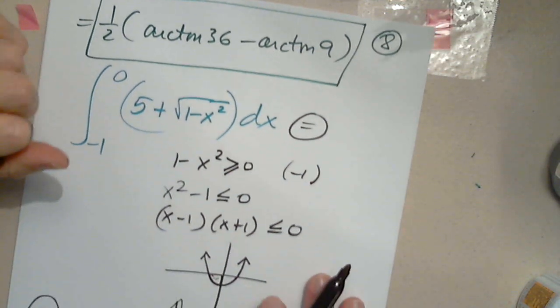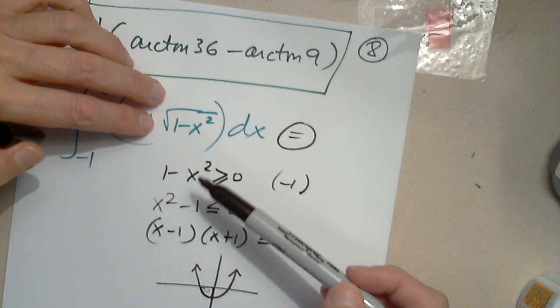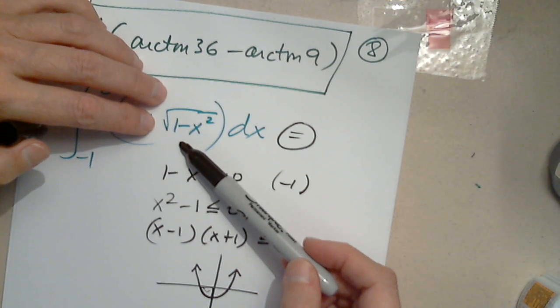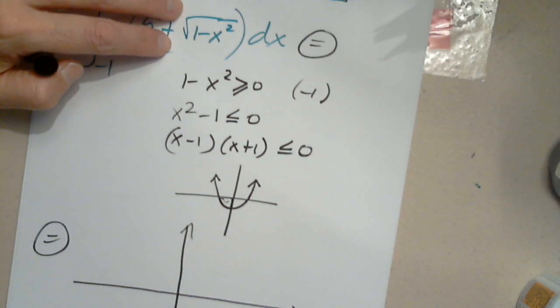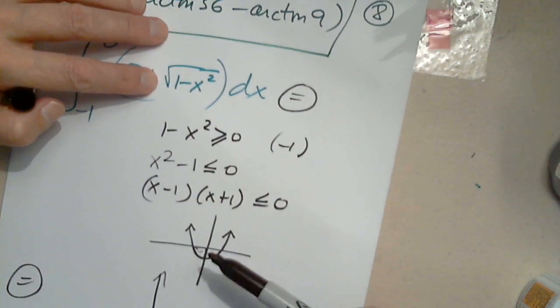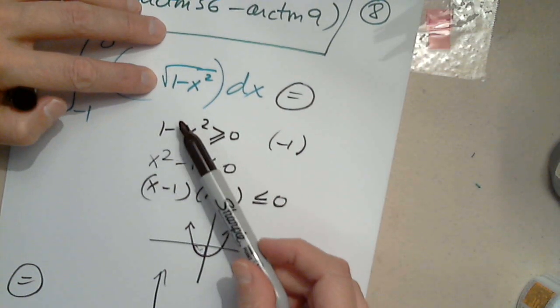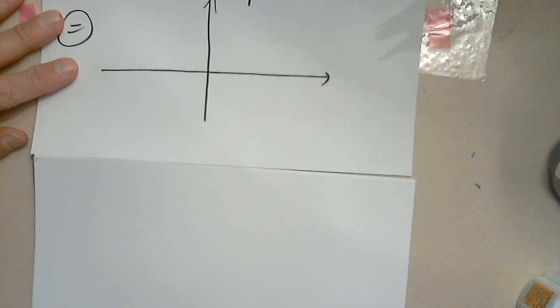Also, yes, you can graph it by thinking in terms of a circle if you square that, and then plus 5. So let's just look at that. So the square root of 1 minus x squared is, let me write this first so you understand what I'm trying to do.